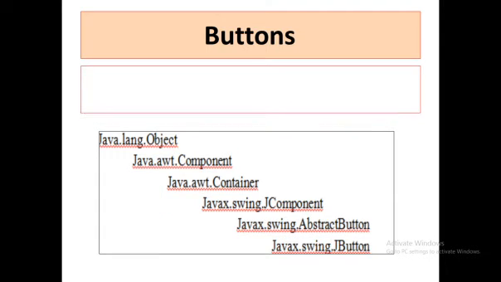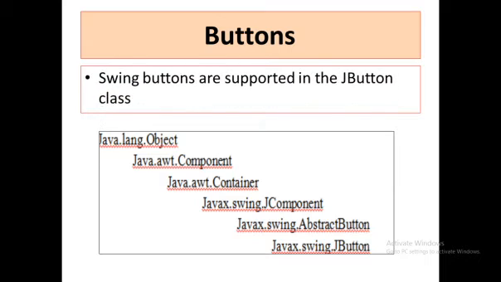This is the hierarchy of the JButton class. The Swing buttons are supported in the JButton class. Here you may observe the object class property acquired by the component class, and the component class property acquired by the container. Then after the Swing package starts, the JComponent class acquires the property from the container component of the AWT package.